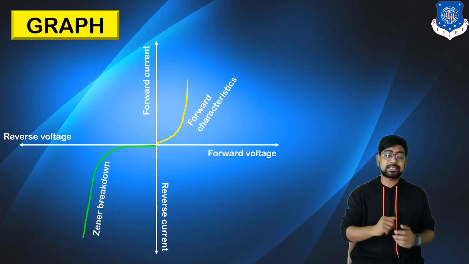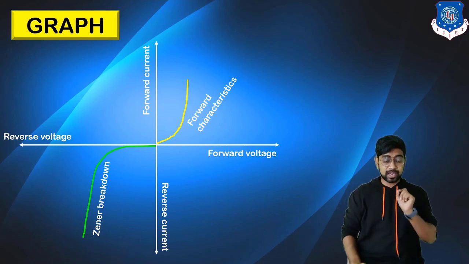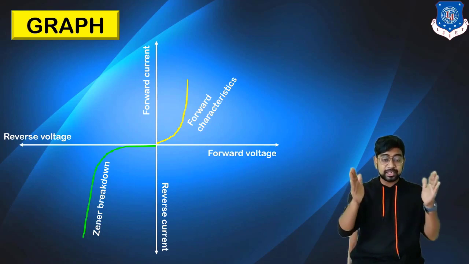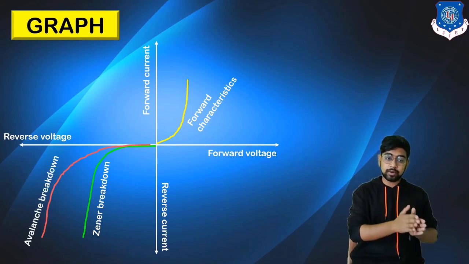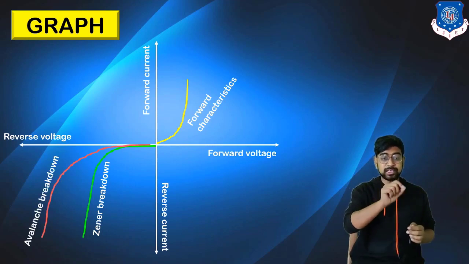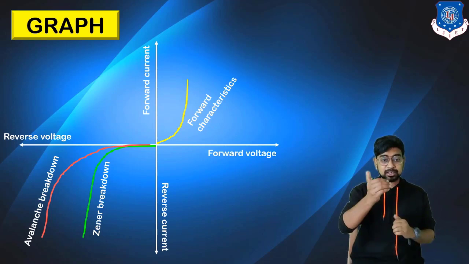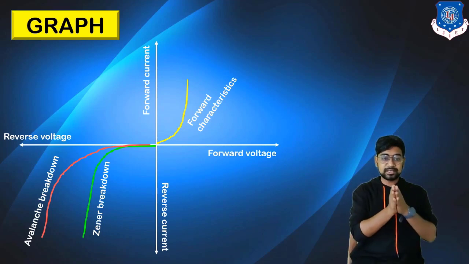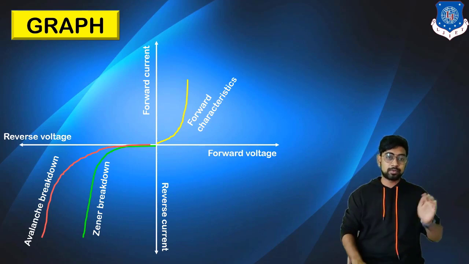See, this is the Zener breakdown. It is comparatively very sharp. Why? Because as you increase the battery voltage, the electric field is generated and instantly the covalent bonds break down. But in a normal PN junction diode, slowly and gradually the electrons gain velocity, they collide, and chain reactions start, and on that basis you get a high number of electrons. So in the graph, Zener is sharp and avalanche is comparatively slow.